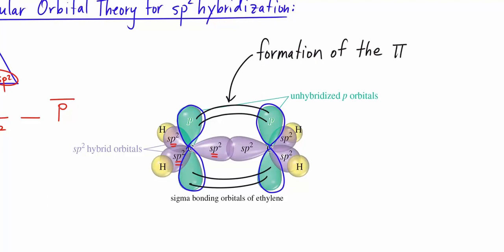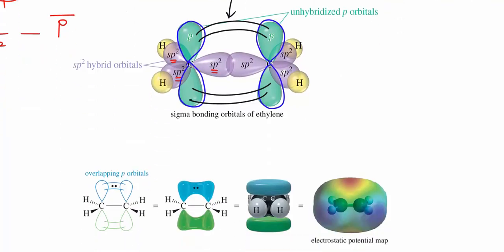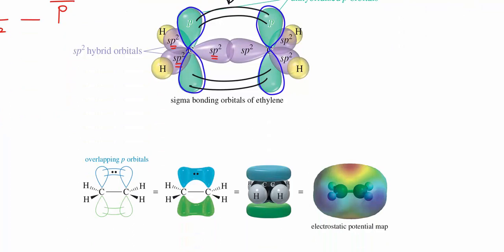The pi bond, or you can call it the double bond. Okay, so the overlap, the orbital symmetry of these two unhybridized p orbitals, the overlap of the electrons in these orbitals, allowed us to form the pi bond.